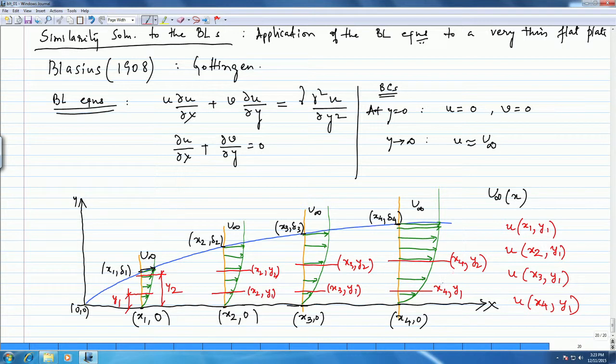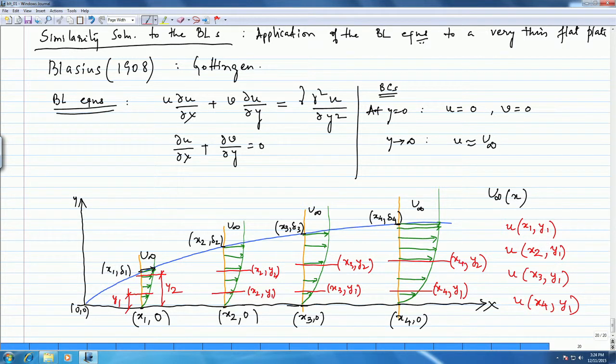What I am trying to look at is how does the velocity at the location x1, at a height of y1, relate, or what is the difference or the similarity, if at all, between these velocities at the same height but at different x locations. You can see it's the same height y1 throughout but different x locations.